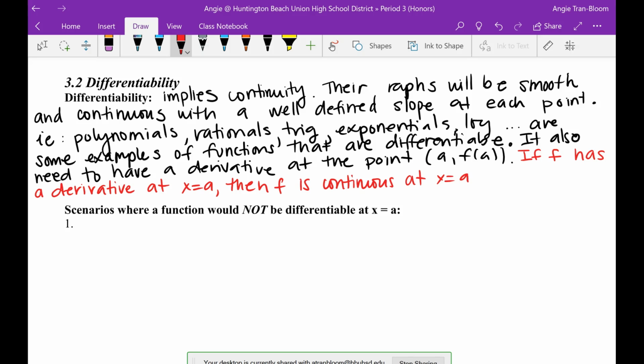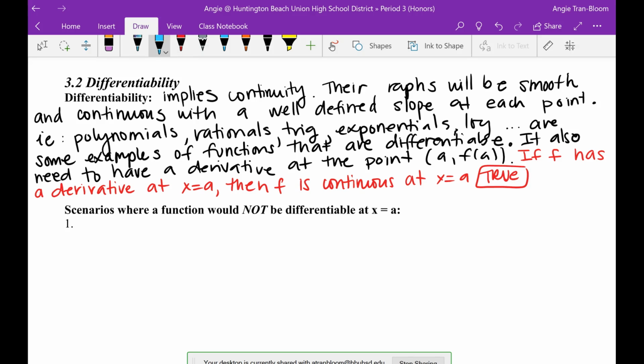True or false? Based on our definition, differentiability implies continuity. True. Okay.